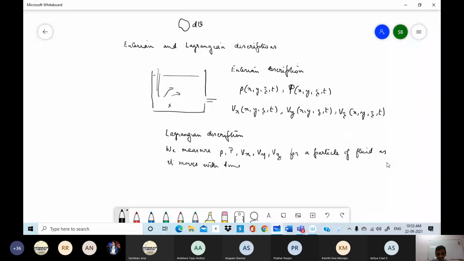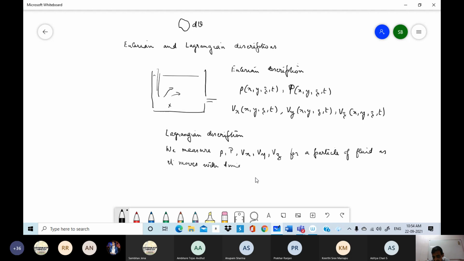Now, in the Eulerian description, since we are not following a particle, we are talking of velocity at a certain point. If we were following a particle, say when we are talking of a system of particles, we are following the trajectory of each of the particles. Conservation of mass is really not important because conservation of mass is trivially satisfied. So we don't bother about conservation of mass.